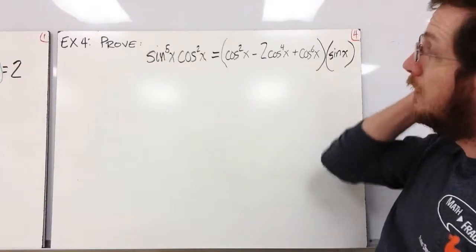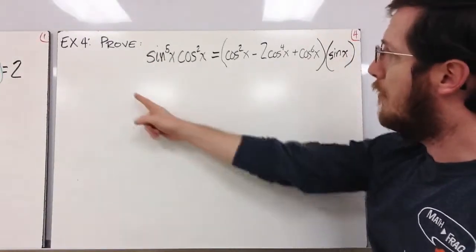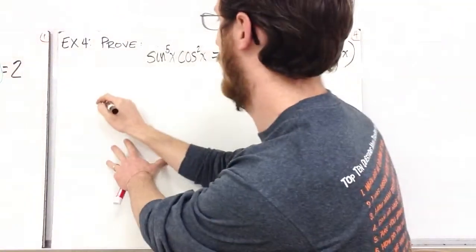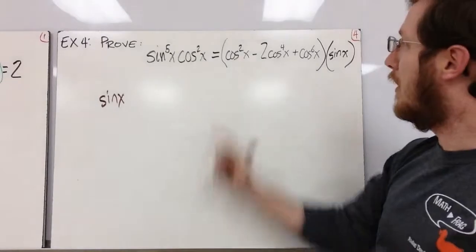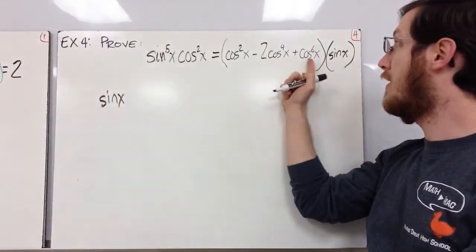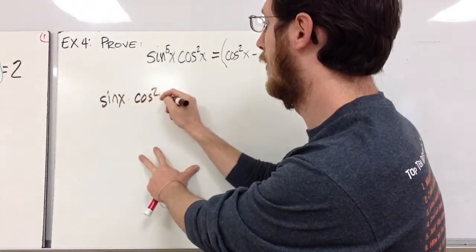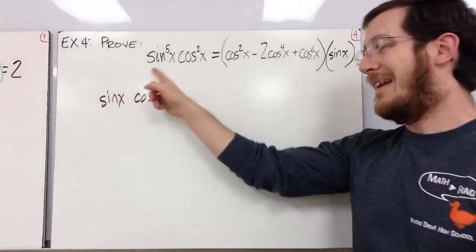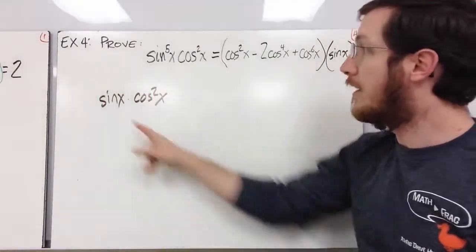Okay, so I'm going to rewrite this, and I'm going to put the sine in the front, and I see that cosine squared is a factor of each of all three of these terms here, so I'm going to go ahead and factor out a cosine squared. Okay, and again, keeping this in mind, this is what I want it to look like when I get down to the end.